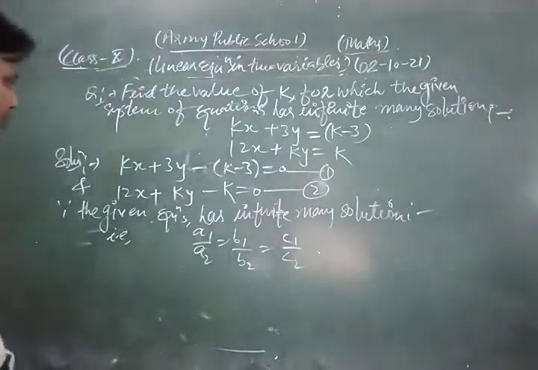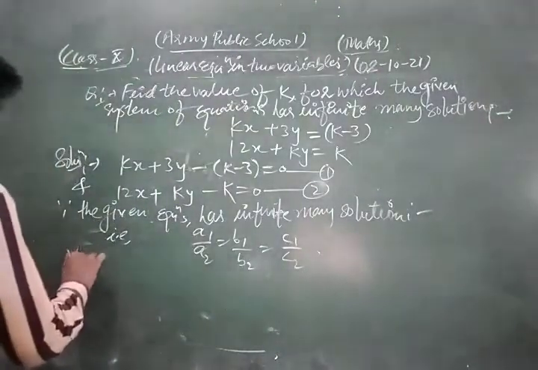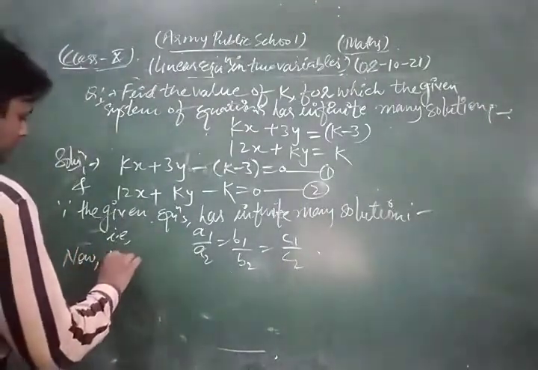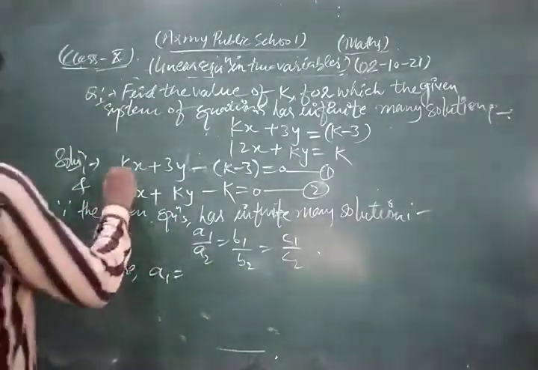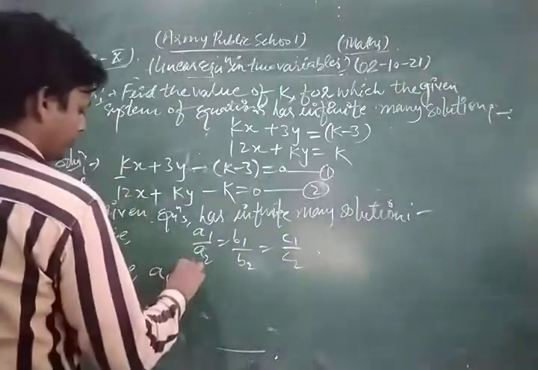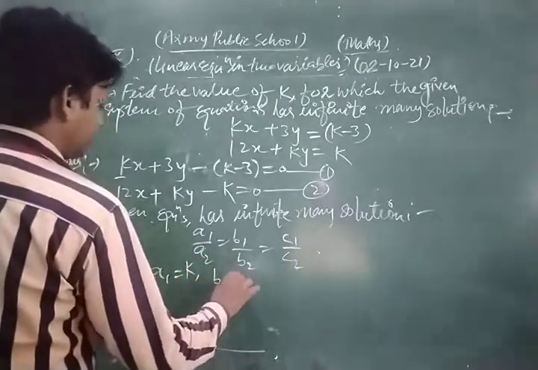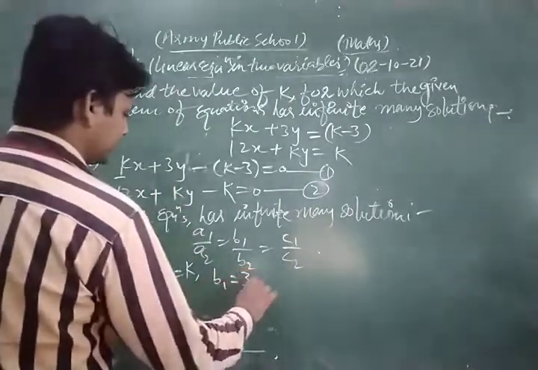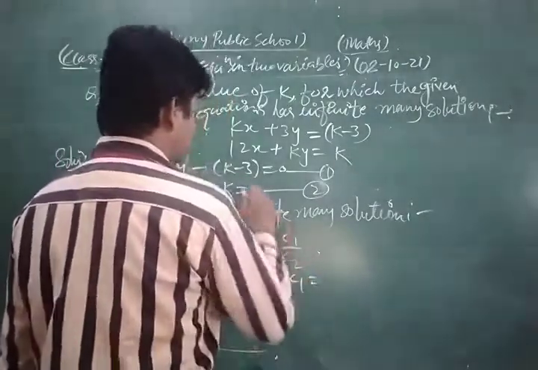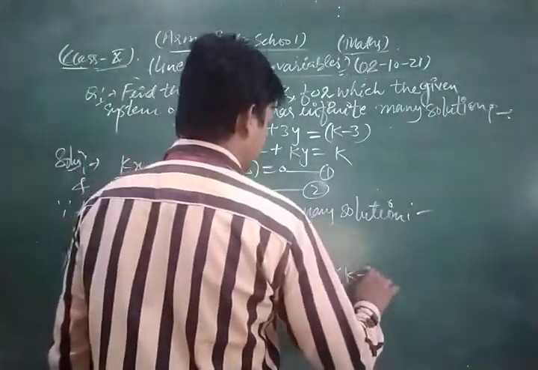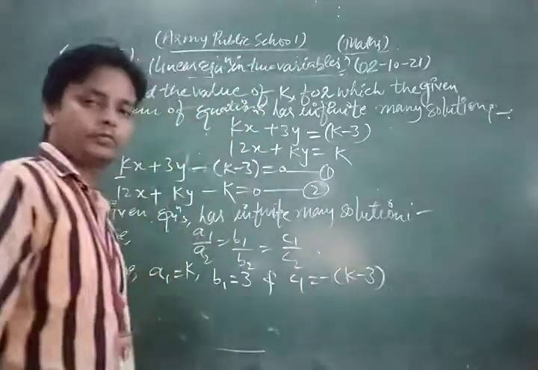Now here, the value of a1 is k, the coefficient of x; the value of b1, the coefficient of y, is 3; and the value of c1 is minus (k minus 3).